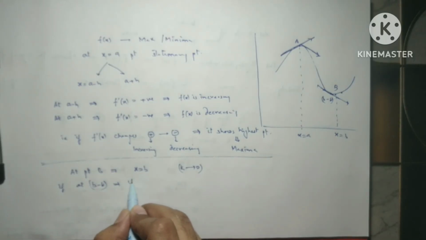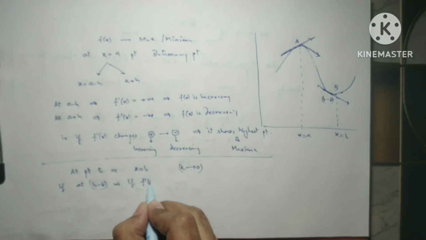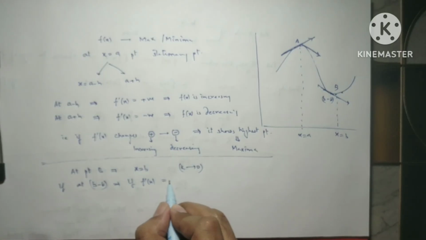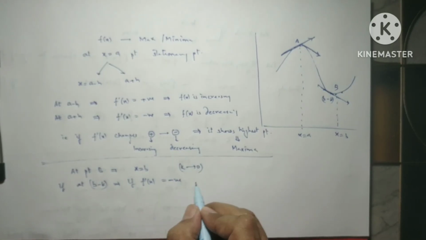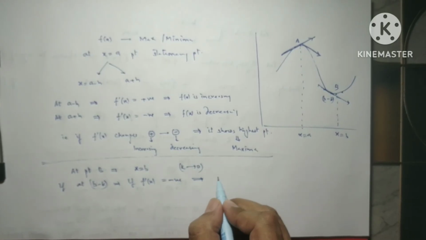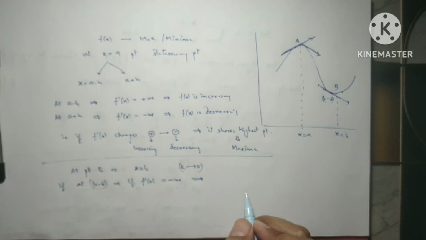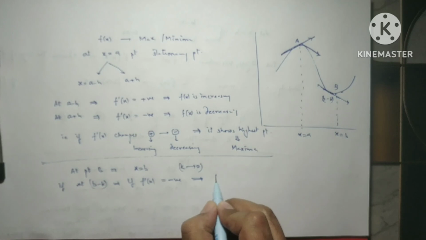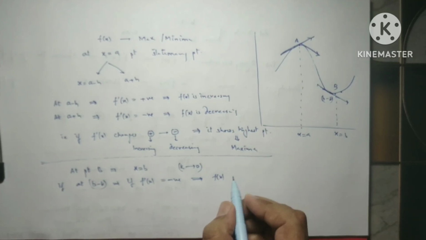If f dash x is negative, this shows the slope of the curve is obtuse, or the curve is decreasing.